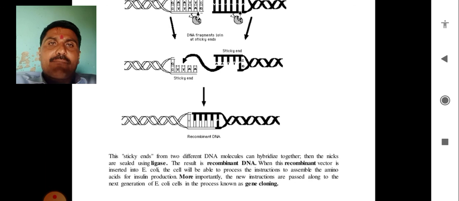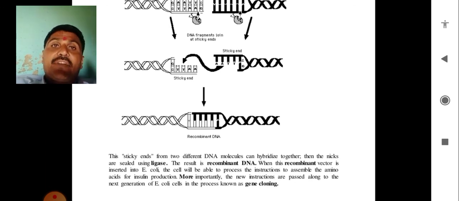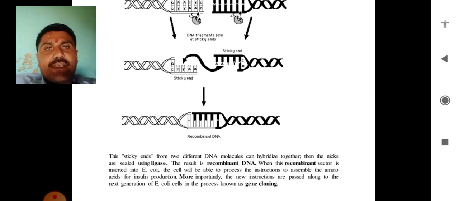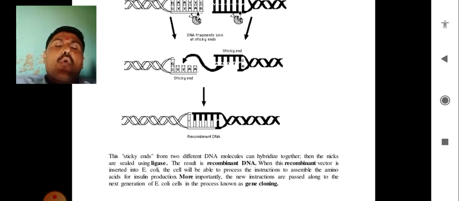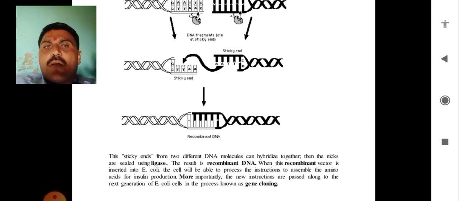We saw the example of Escherichia coli, and after the recombinant DNA is inserted in it, it gives the instruction to assemble the amino acids for the production of insulin. And more importantly, these E. coli cells pass the instruction on to the next generation, the upcoming offspring, and such a process is known as gene cloning.